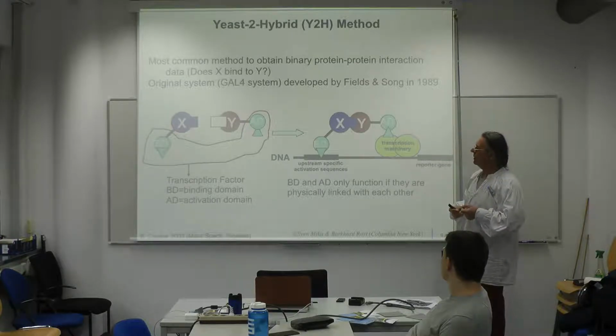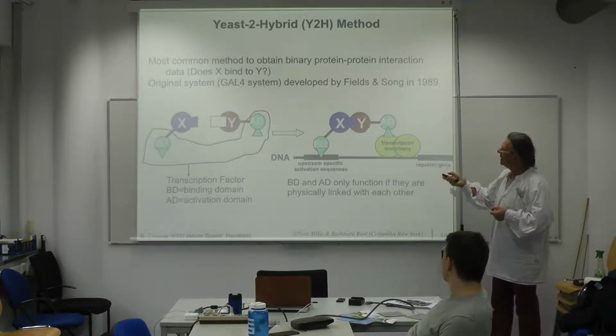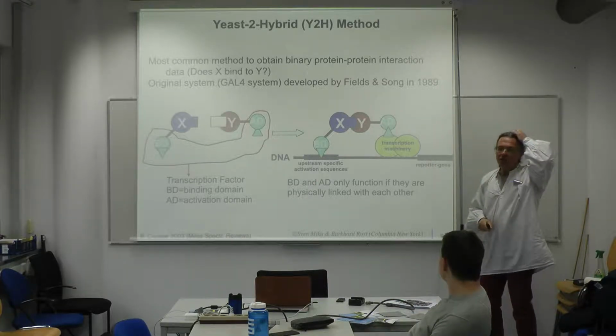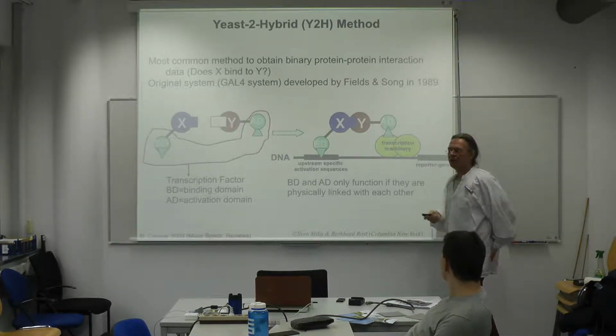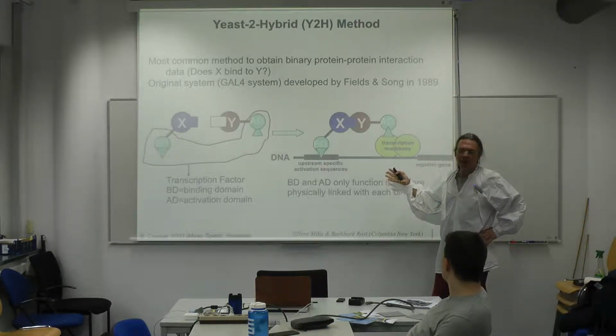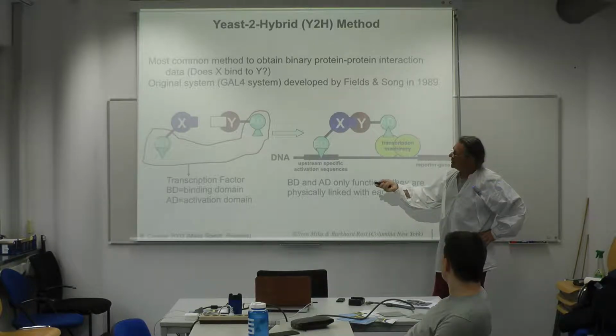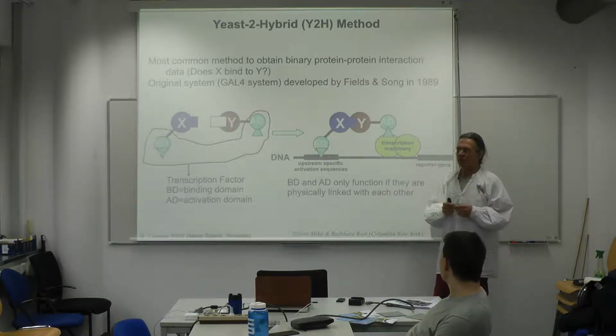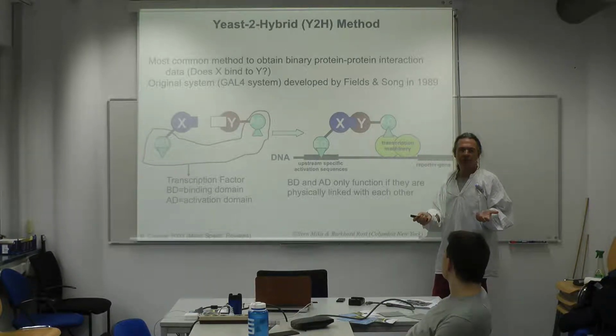Okay? Now, whenever X and Y interact, then these two being close to each other will emit a signal, something that you can actually see. That's the idea. And you immediately see that there are all kinds of problems. The binding domain here is not just a small thing. There's another entire protein, right?